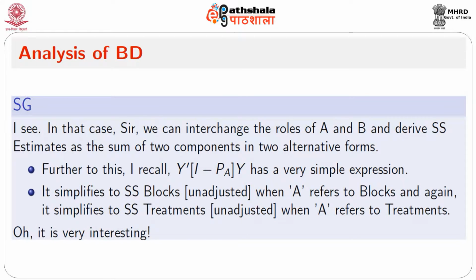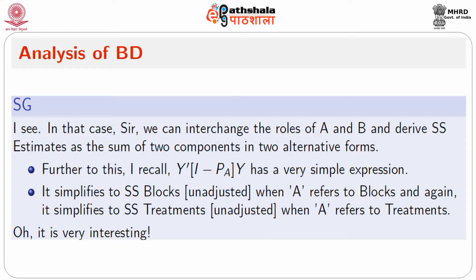I see. In that case, sir, we can interchange the roles of A and B and derive the sum of squares of estimates as the sum of two components in two alternative forms. Further to this, I recall y prime (I minus P_A) y has a very simple expression.